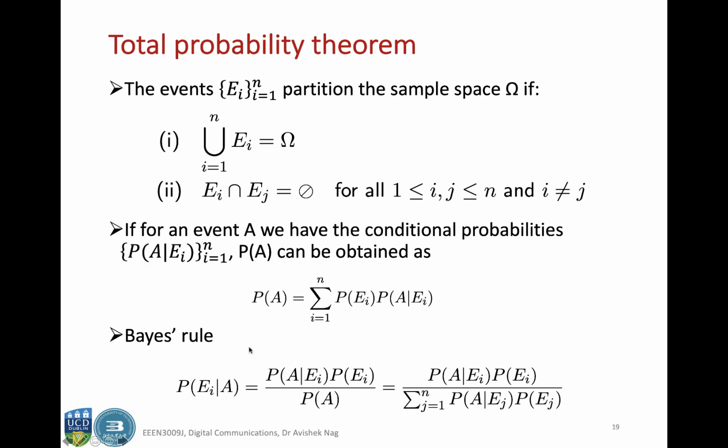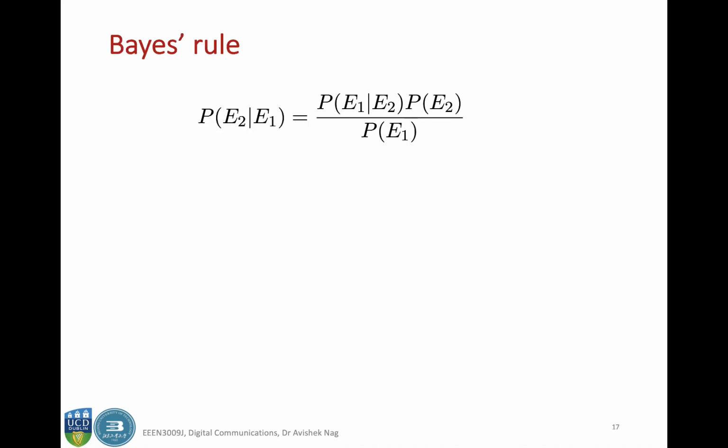And then I can write the Bayes rule in another form. I can write probability of Ei given A as probability of A given Ei times probability of Ei divided by probability of A. This comes from the equation here.